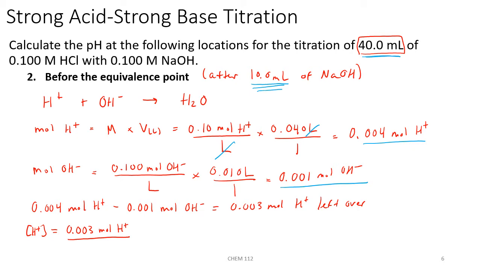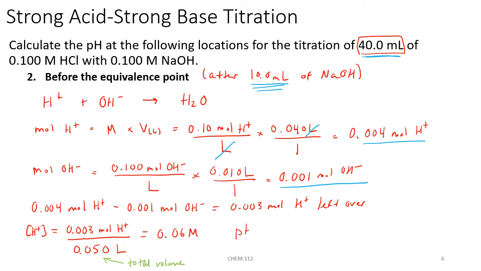So we're going to have essentially 50 milliliters total in our Erlenmeyer flask at this point. So we're going to need to divide by 50 milliliters in liters, which is 0.05 liters. Make sure that you account for the total volume of the acid and the base. So our concentration of hydrogen ion at this point comes out to being 0.06 molar.